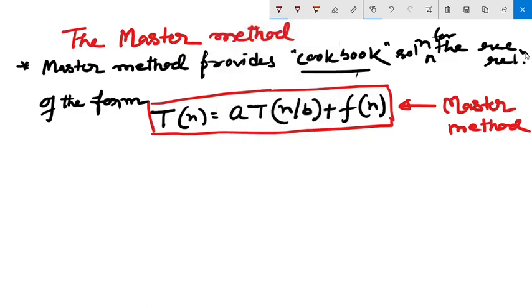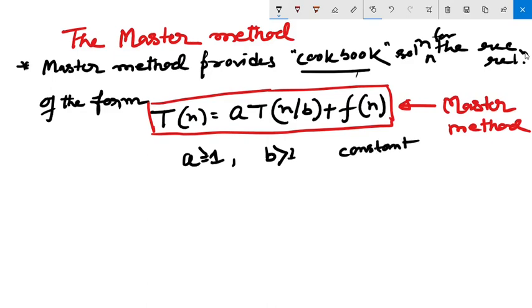Now what is a, what is b? Here a is a constant, b is also a constant. a should be greater than or equal to 1. First thing, a should be greater than or equal to 1. b should be greater than 1, not equal to, b should be greater than 1. And both a and b are constants.